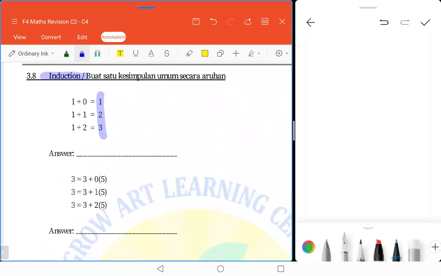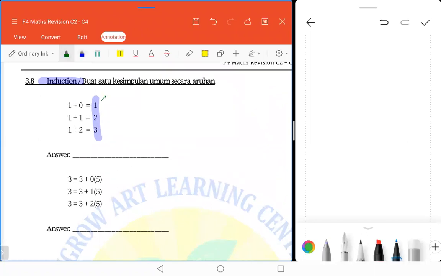Okay, how to create the formula? We don't need the answer, just cancel off the answer. Then 1 plus 0, second row will be 1 plus 1, third row 1 plus 2. What is fixed, we write it back, copy. What is changed, we change it to n.